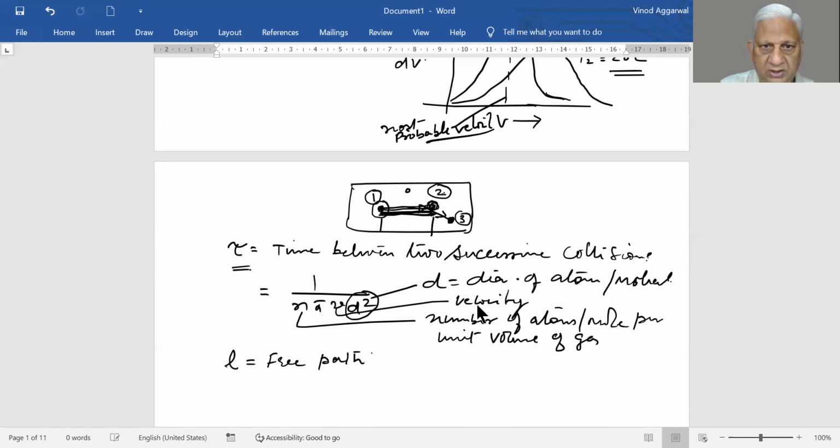So this distance we call L or free path. So obviously free path is going to be velocity times tau. This is the time taken before this paradigm of free path is broken. Means somebody else comes in the path within time tau, and within this time with velocity v, it has traveled so much of distance, which is called free path.